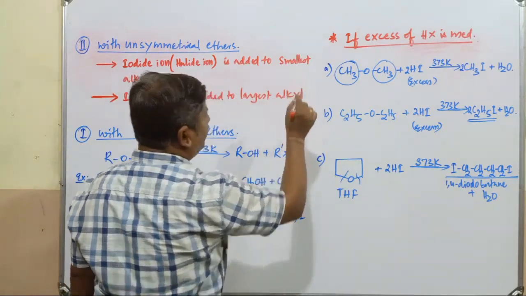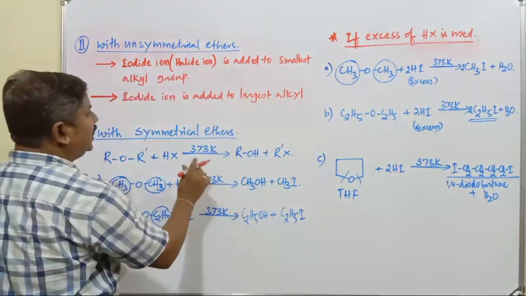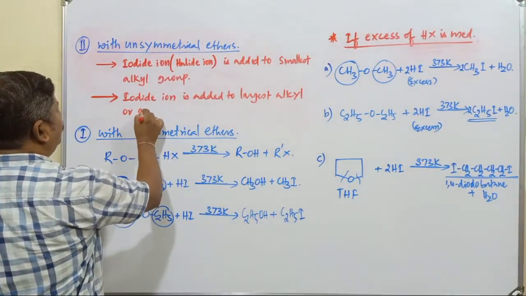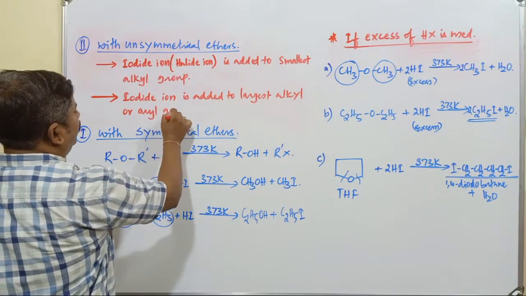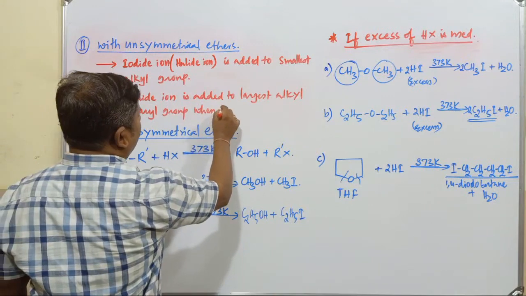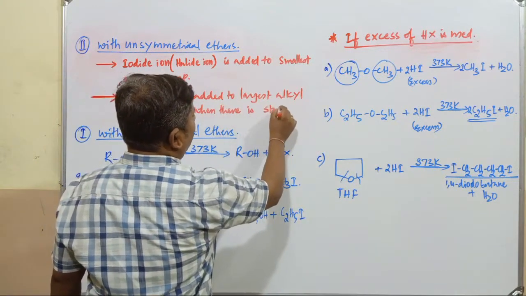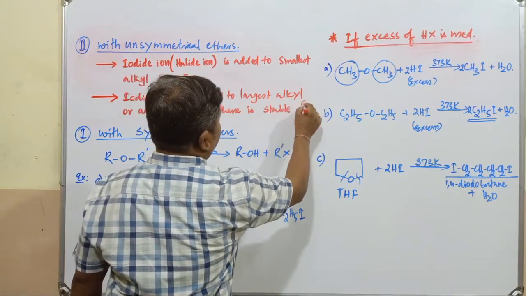Sometimes smallest, sometimes largest, don't get confused. The iodide ion is added to the largest alkyl or aryl group when there is a stable carbocation. Remember this.